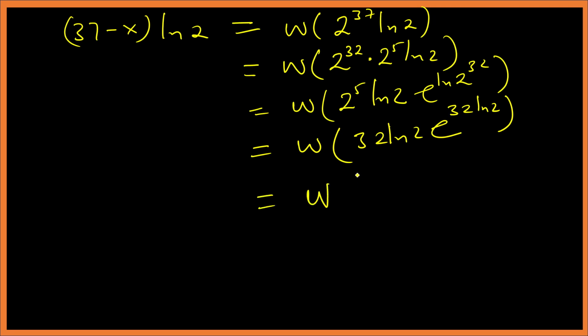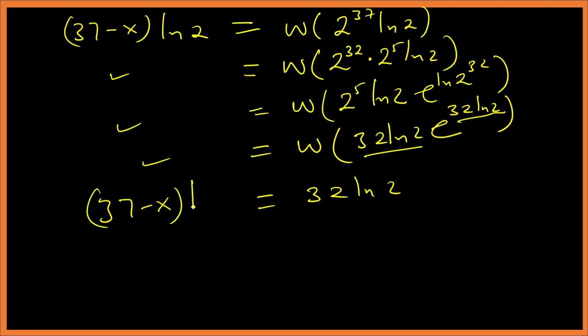So when we take Lambert W function of this one, look, the same. So it's 32 ln of 2. So we have this one here, and we have 37 minus x ln of 2. Guess what? This one will cancel this. I'll be left with 37 minus x equals 32.